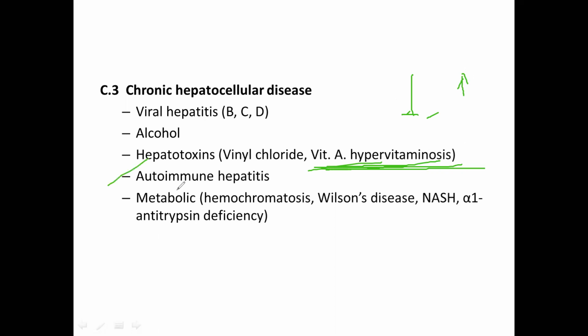Then autoimmune hepatitis, and lastly the metabolic conditions like Wilson disease, that we have just seen, non-alcoholic steatohepatitis, alpha-1 antitrypsin deficiency, and hemochromatosis. So hemochromatosis means what? Whenever there is an iron overload which causes tissue damage, it is called hemochromatosis. So these are the few metabolic diseases which can cause hepatocellular injuries.